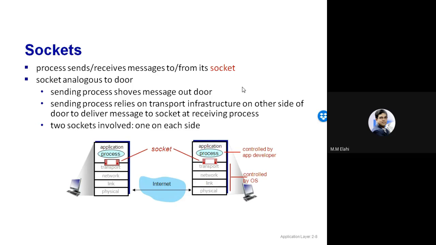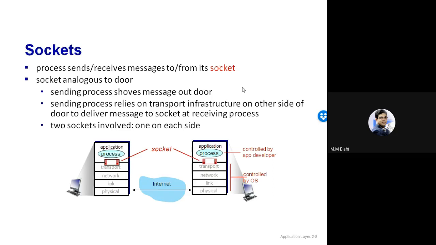But the server side starts first because the server will start to listen. The server side socket uses what are called well-known port numbers, and the client socket port number is a different one, which is defined by the operating system. When we say HTTP uses 80, we mean the HTTP server uses port number 80.